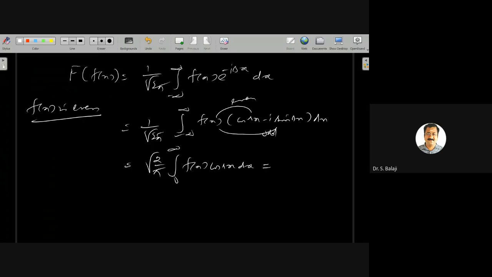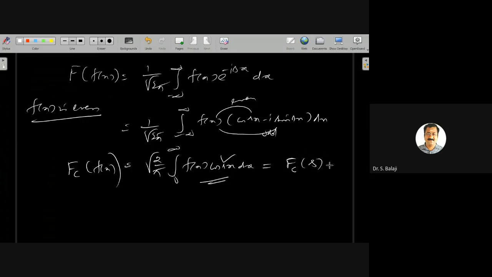This result is a function of s, and this transform is called a Fourier cosine transform because only cosine is involved here. Therefore, it is termed as FC of f of x.